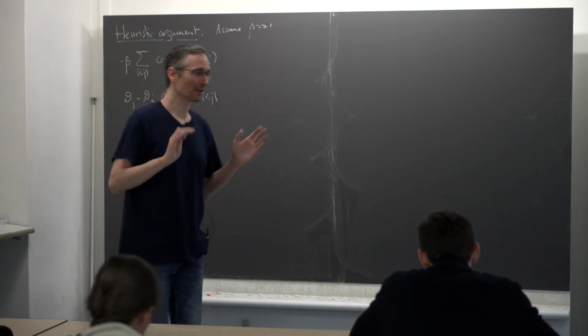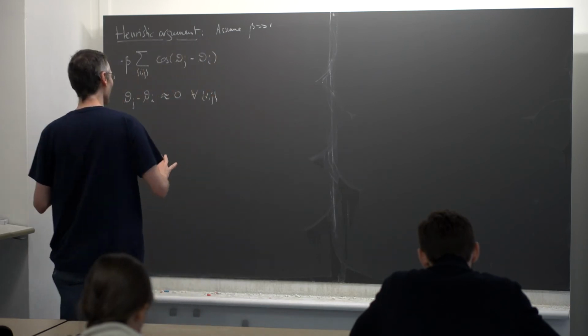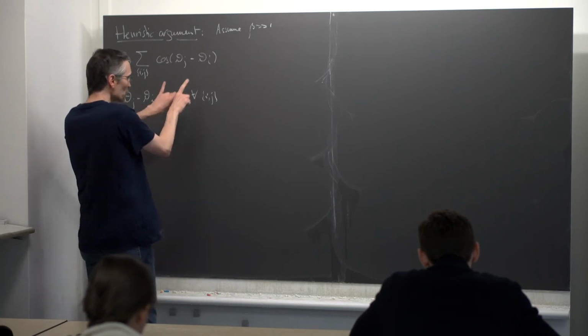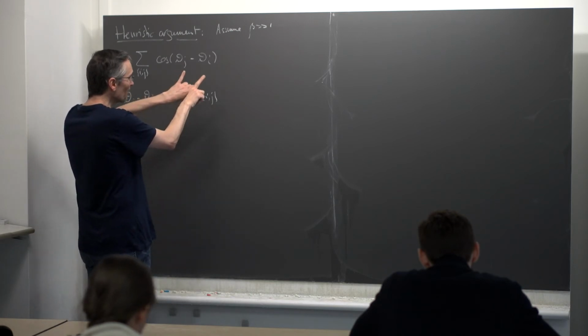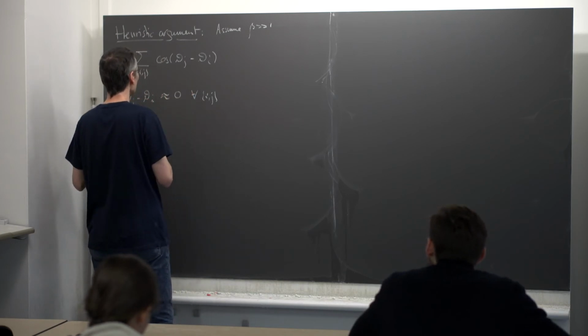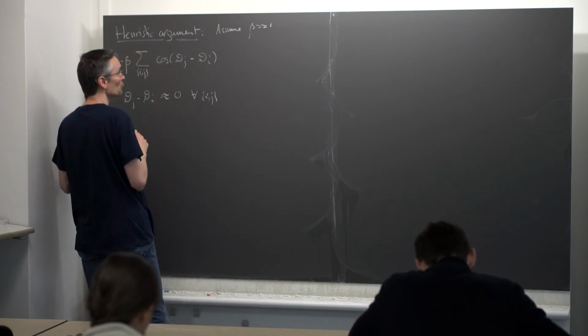I'm not doing anything rigorous, so I don't have to be too precise, but that's what we would expect: at very low temperature, the angle between two neighbors should be very close. So this cosine I should be able to expand.